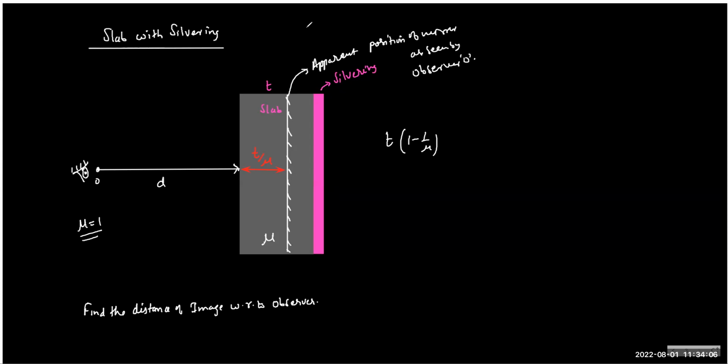So where will the image form? Exactly d plus t by mu behind. Yes or no? So what is the distance?